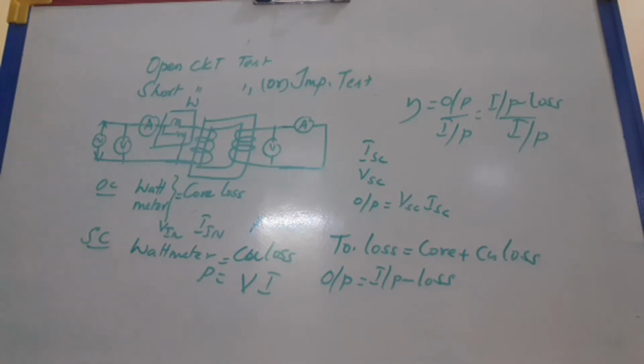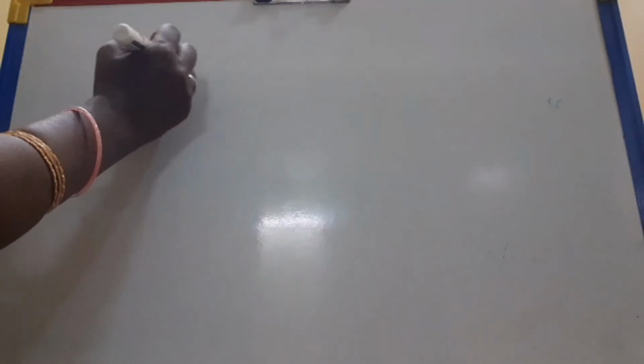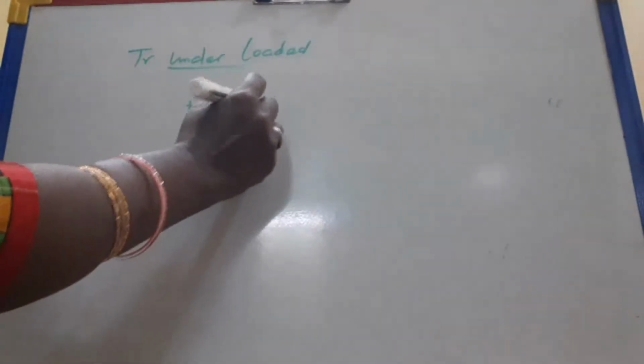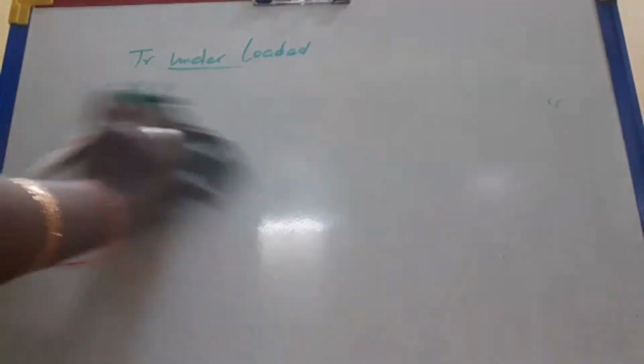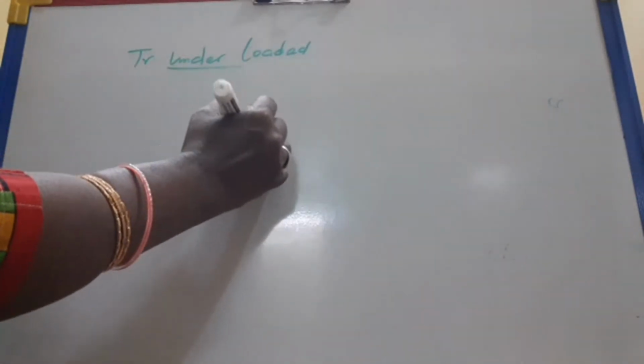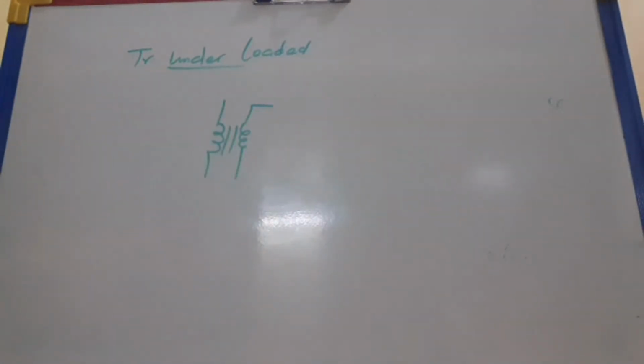Now we take the transformer under loaded condition. Simply we represent the transformer with its winding and core. The two lines represent the core, and the windings are the primary and secondary winding.